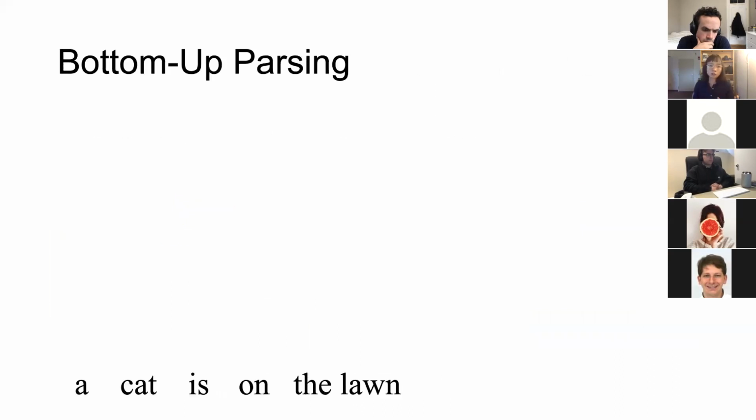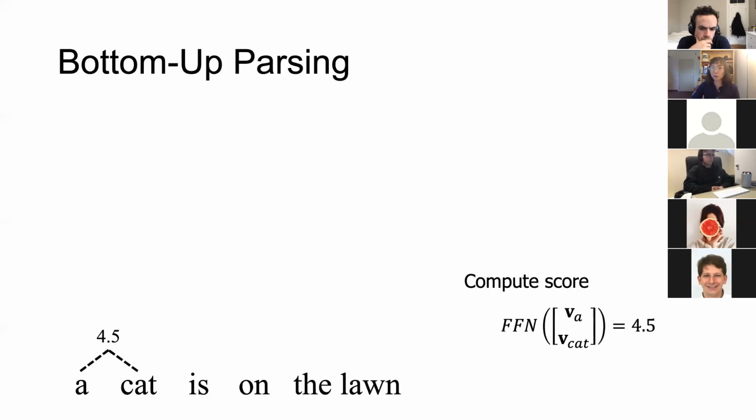Our constituency parse tree works in a bottom-up manner. At each step, the parser will produce a score for each pair of consecutive words using a feed-forward network. In this specific case, the feed-forward network takes the representation of the word "a" and the word "cat" and produces a score, which says like 4.5.